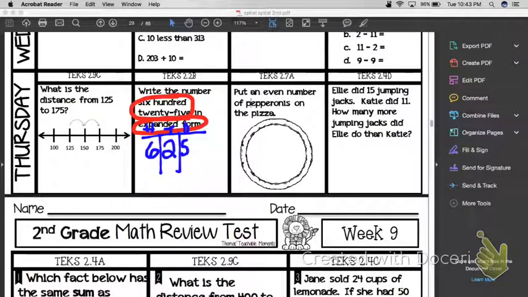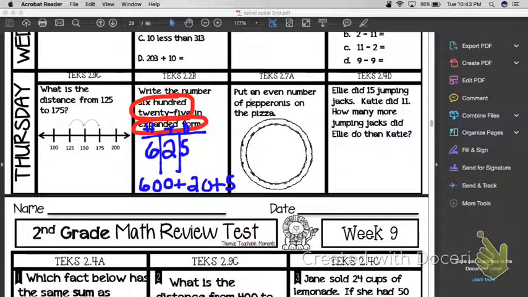I have a 6 in the hundreds place. What is the value of the 6 in the hundreds place? 600. Plus, what is the value of the 2 in the tens place? 20. And what's the value of the 5 in the ones place? 5.